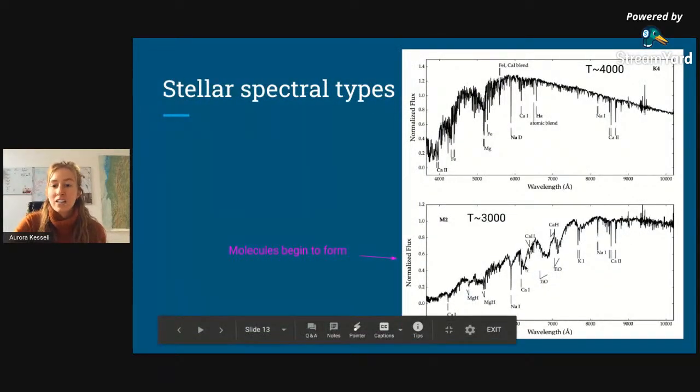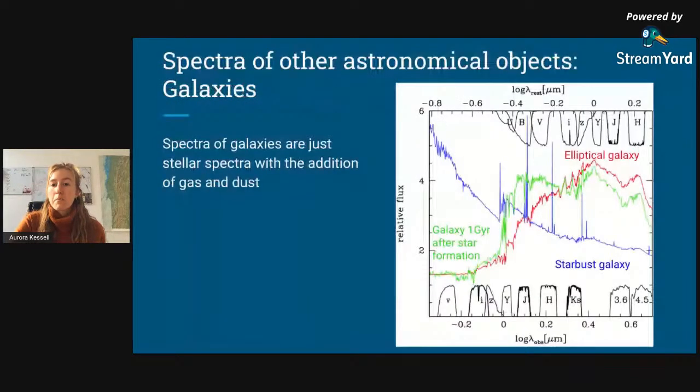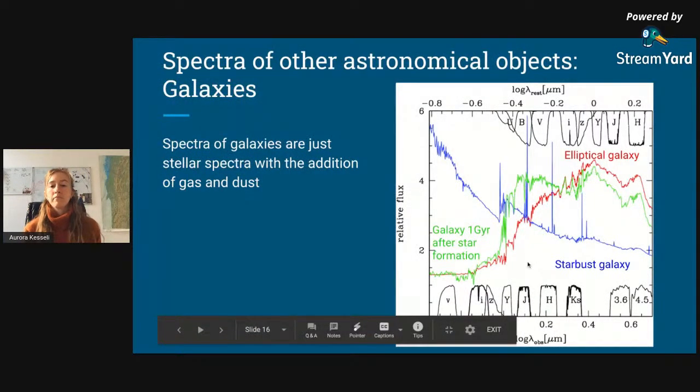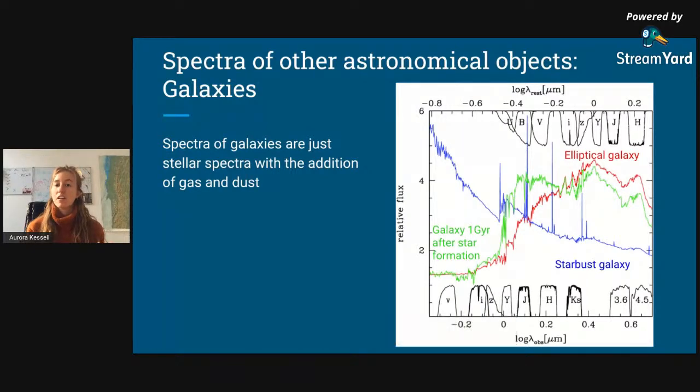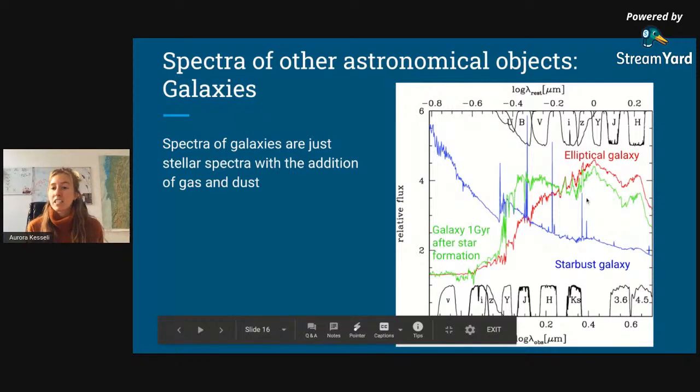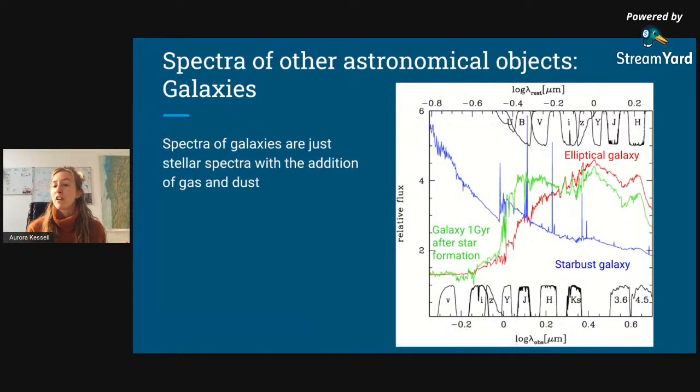You can see that it has a lot of the same absorption features, because the main stars that contribute to the spectral energy distribution, or the spectrum of the composite galaxy, are M giant stars. And so there are very few high mass main sequence stars left, because these galaxies are not undergoing active star formation.